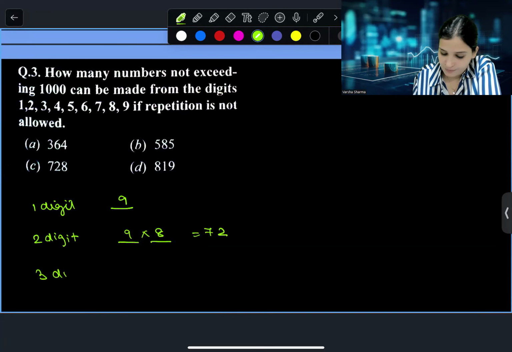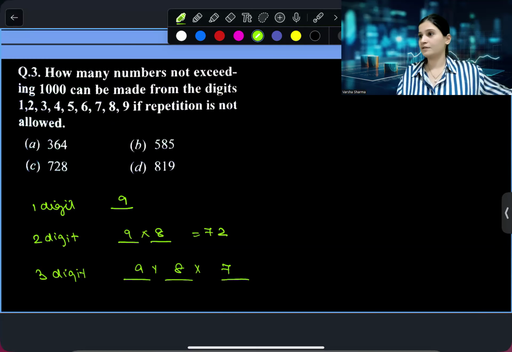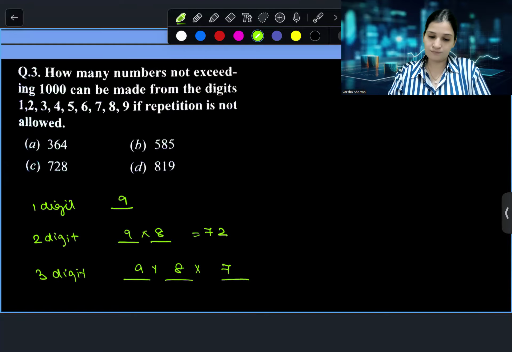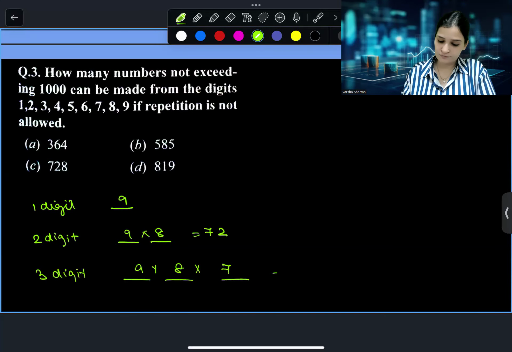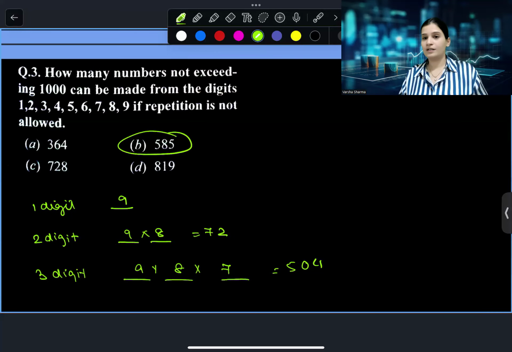How many 3 digit numbers are possible? 9 into 8 into 7, 504. So final answer 585. Does it match?